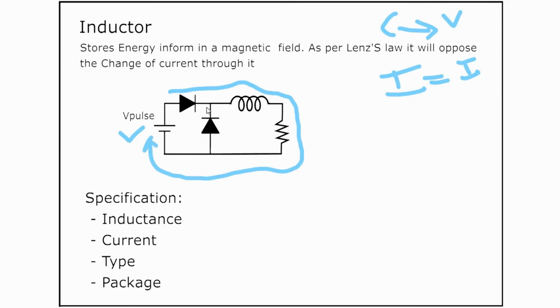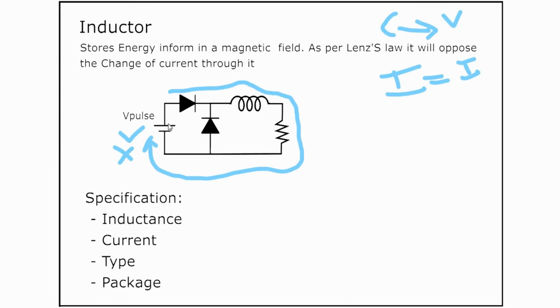So there will be no current through this diode. This diode is called a freewheeling diode. I'll explain why it's called that, and currently this diode is inactive because it's reverse biased. Now when the current is flowing, there is a magnetic field produced around this inductor and energy is stored in it.